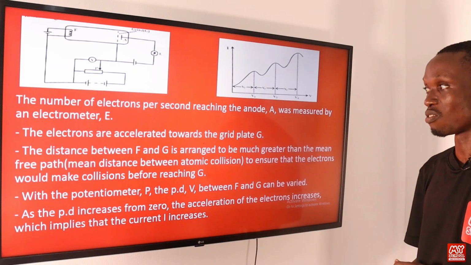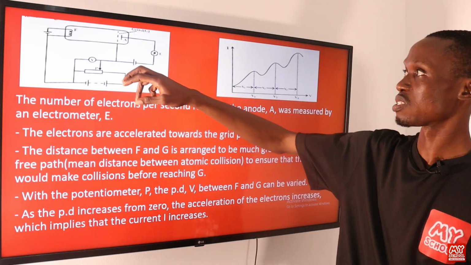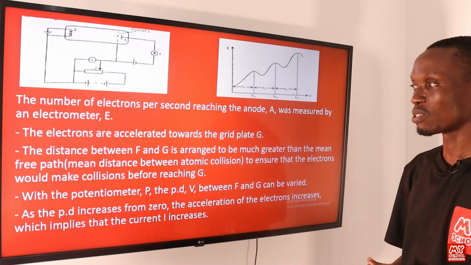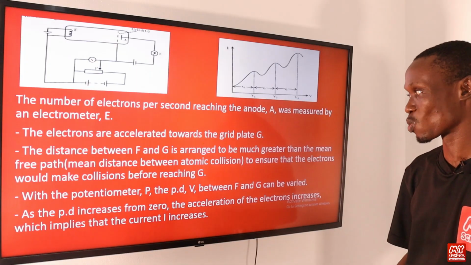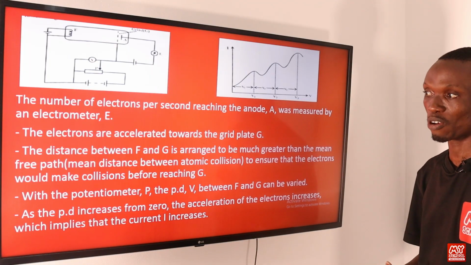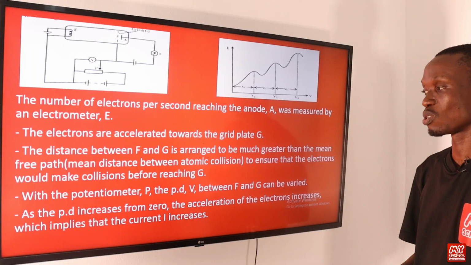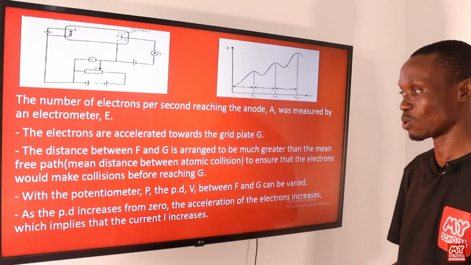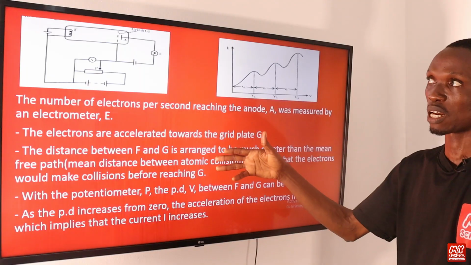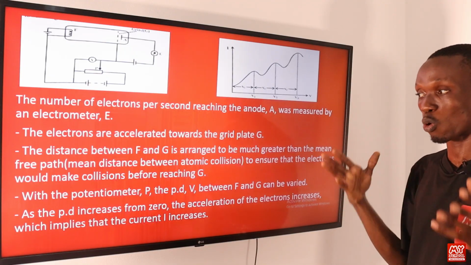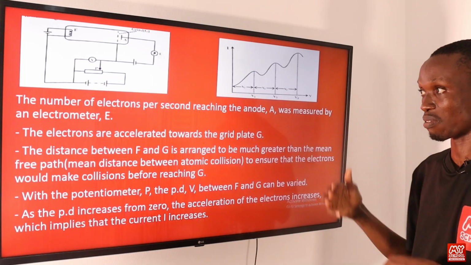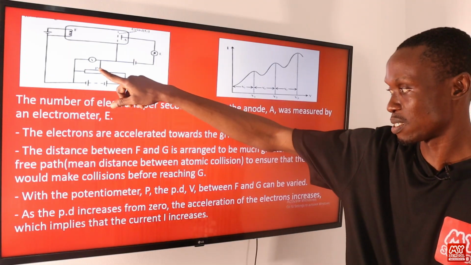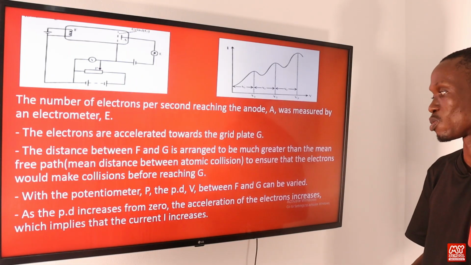The electrons are accelerated towards the ground plate G. The distance between F and G is arranged to be much greater than the mean free path, that is, the mean distance between atomic collisions, to ensure that the electrons make collisions before reaching G.